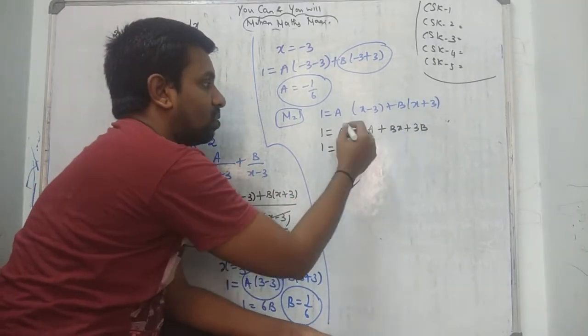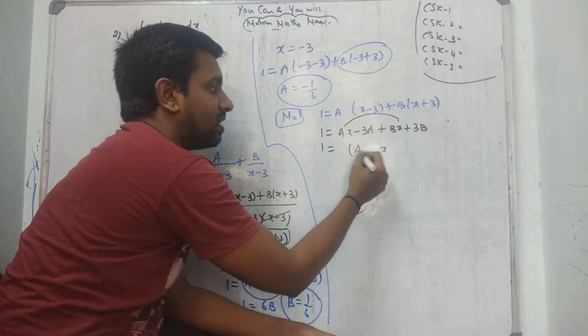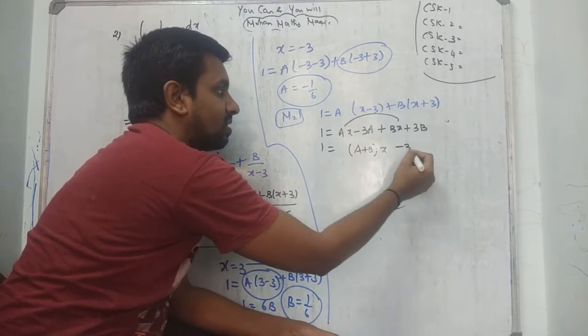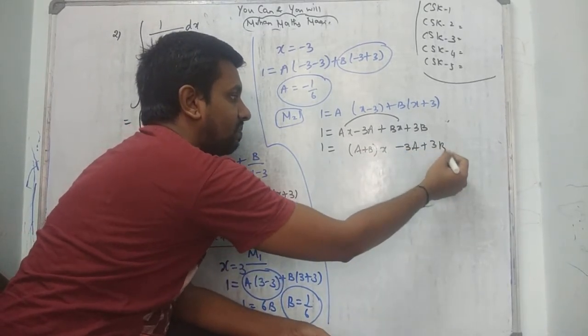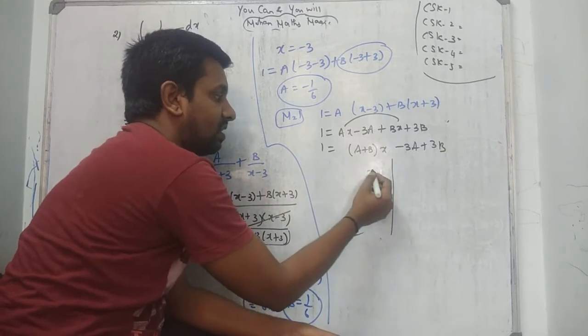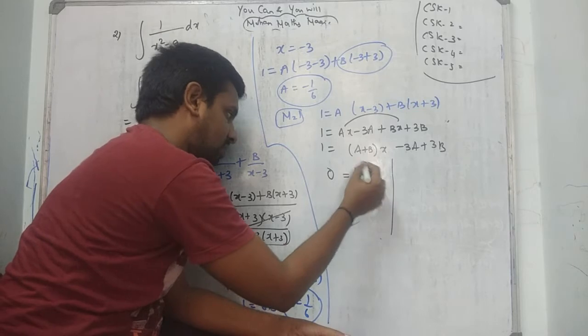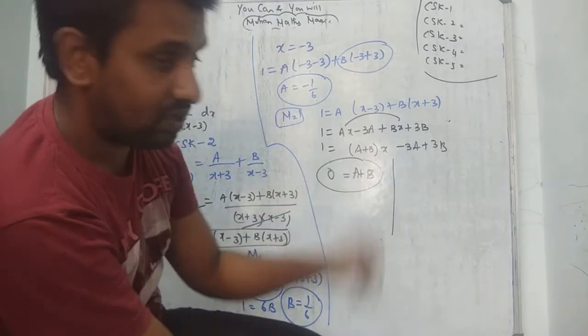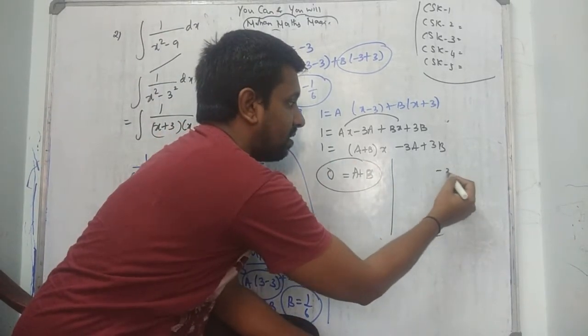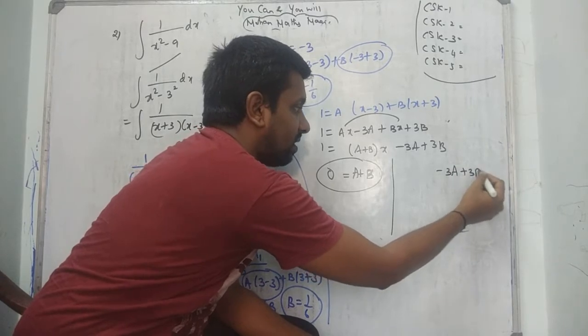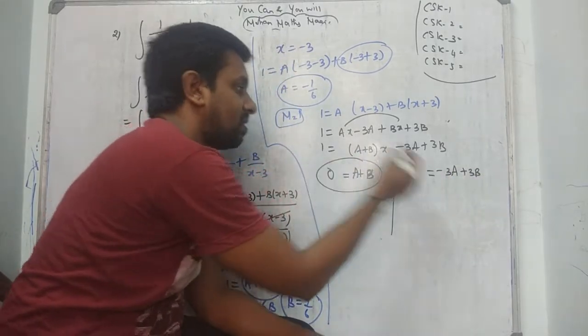Now taking x common, I get a plus b, and the constant is minus 3a plus 3b. Now equate both sides. Here the coefficient of x is a plus b. There is no x on the other side, so 0. The constant on this side is 1.